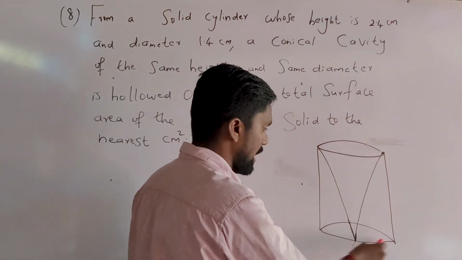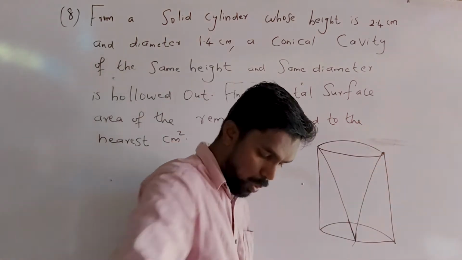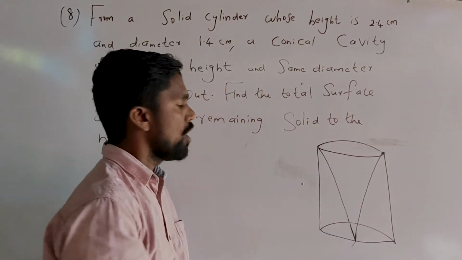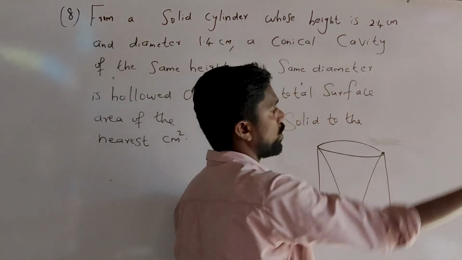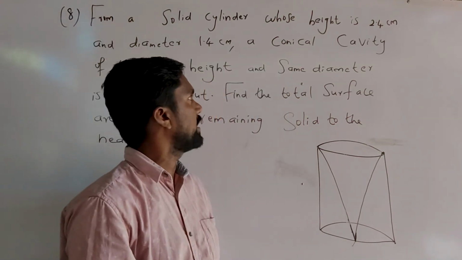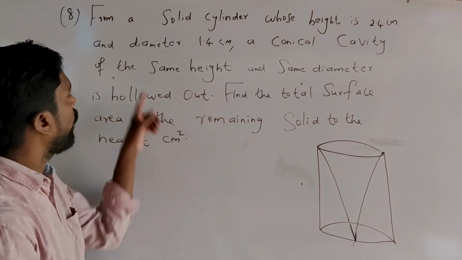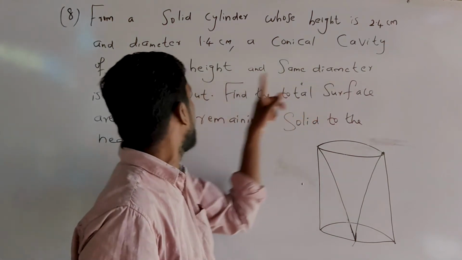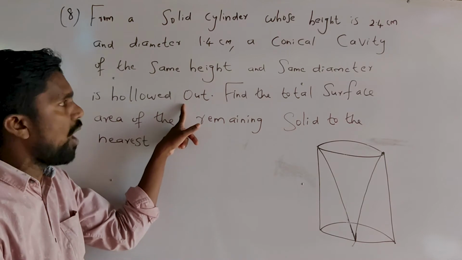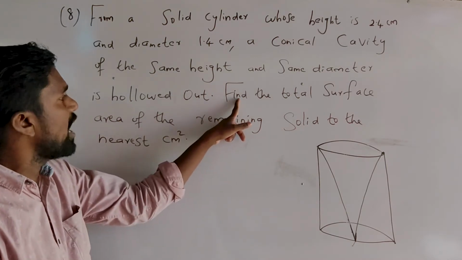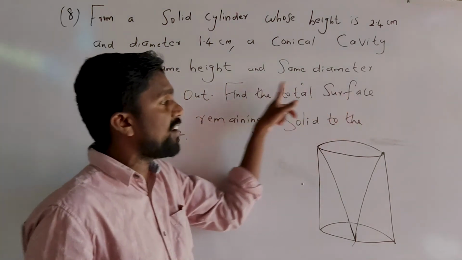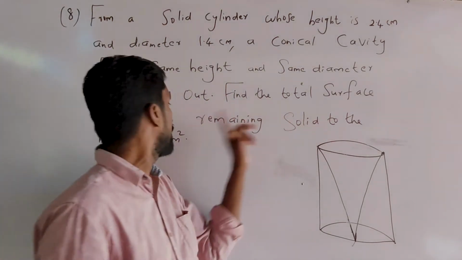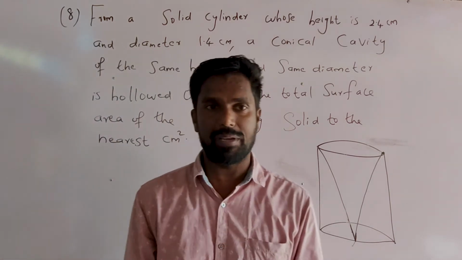This is the cylinder. From this cylinder, one conical cavity is hollowed out. One cone is taken outside from the solid cylinder. Find the total surface area of the remaining solid to the nearest centimeter square.